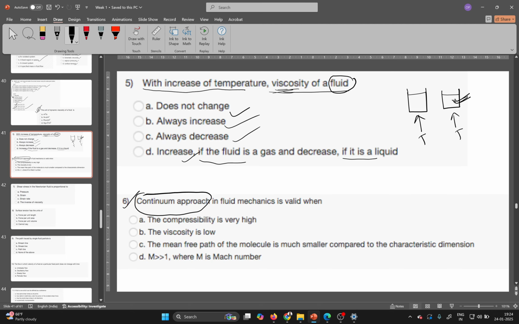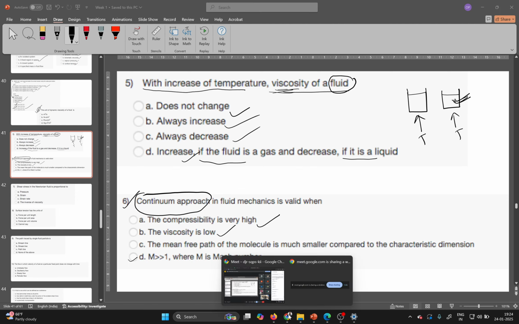So the continuum approach in fluid mechanics is valid when: option A, the compressibility is very high; option B, the viscosity is low; option C, the mean free path of a molecule is much smaller compared to the characteristic dimension; option D, the Mach number is greater than 1, where M is the Mach number. Please try to give your answer for question number 6 in the chat box.